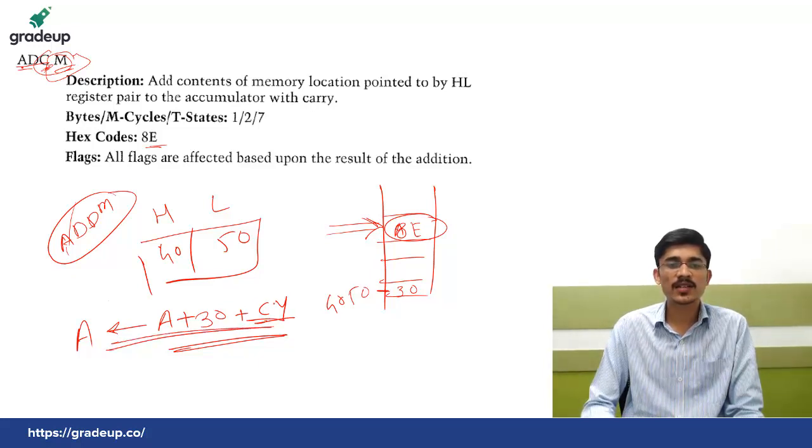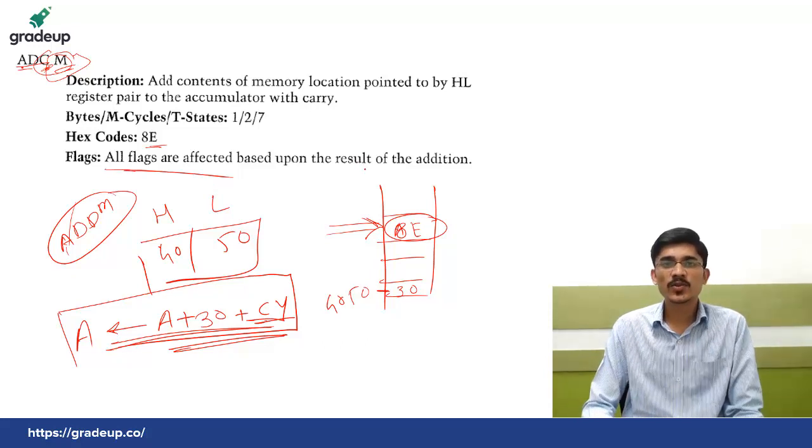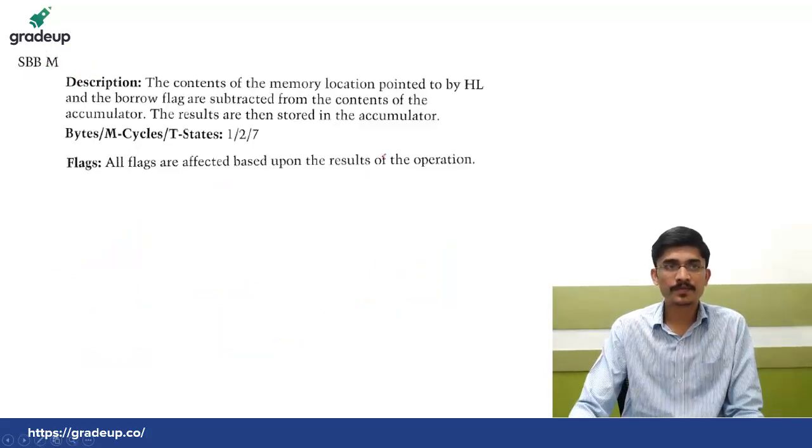This is the instruction where you are going to see the result in this way. And as it is a simple arithmetic operation of addition, all the flags will be affected based upon the result of the addition. So let's move to the next instruction, which is SBB M.